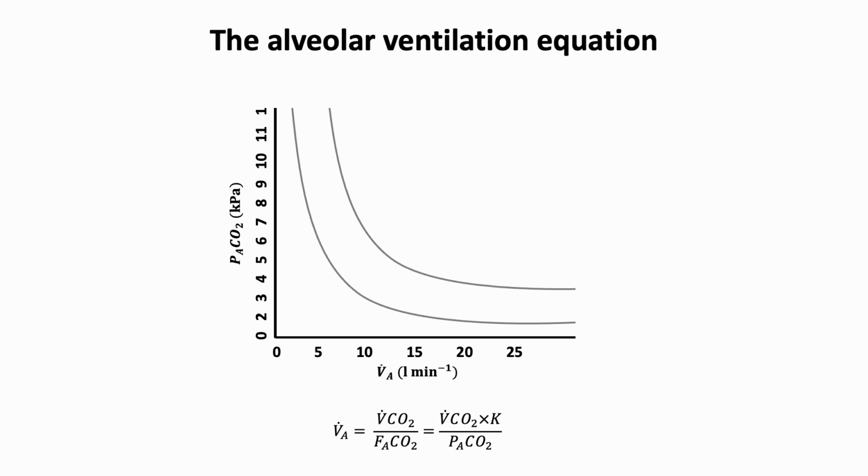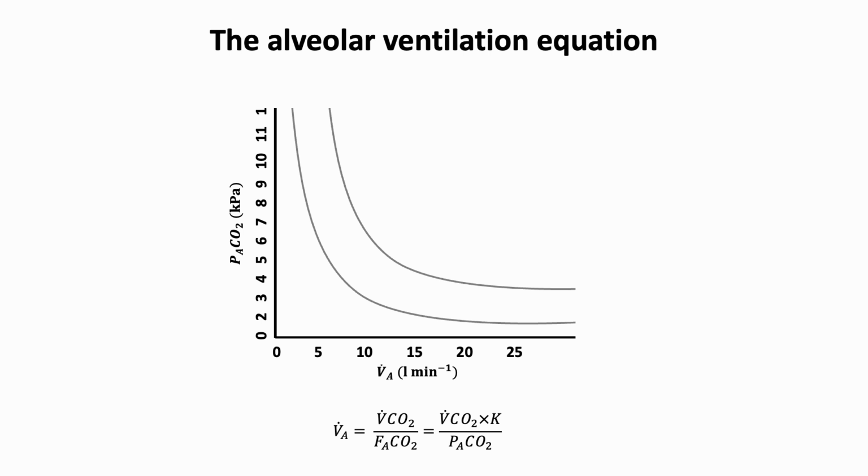This brings me to the alveolar ventilation equation, which I've shown here below. It basically says that alveolar ventilation is the fraction between the body's CO2 production and the fraction of CO2 in alveolar air, and you can rewrite that so you get alveolar CO2 in the denominator.